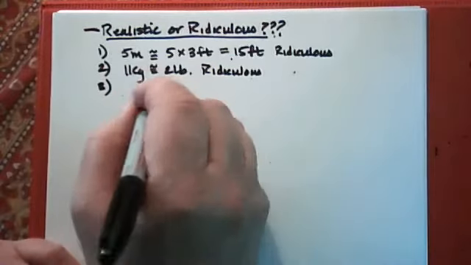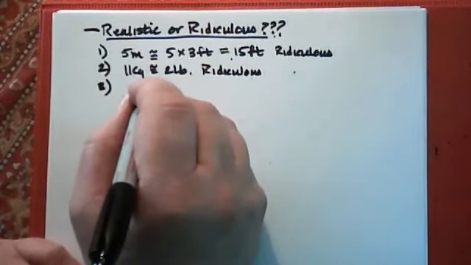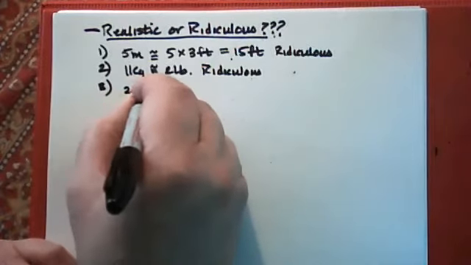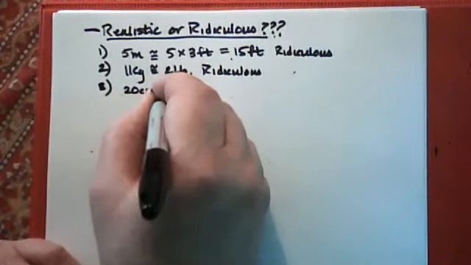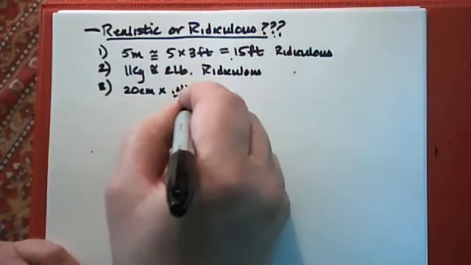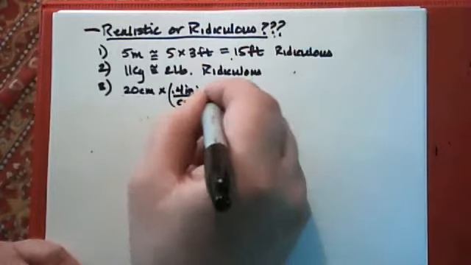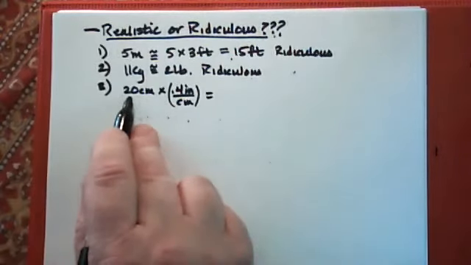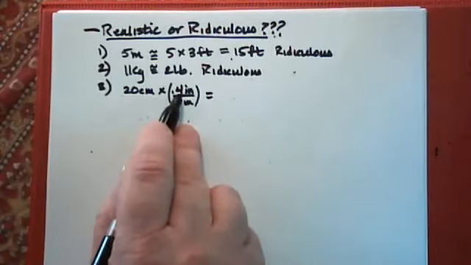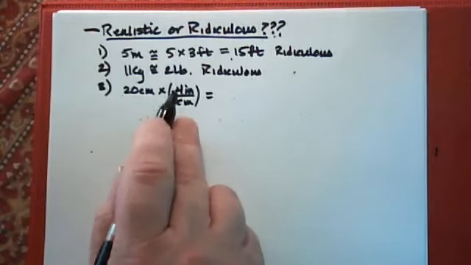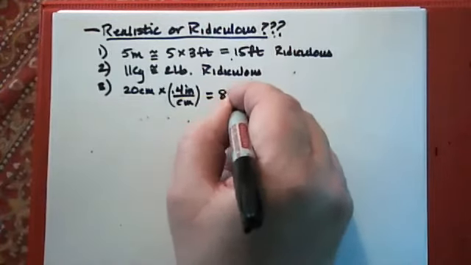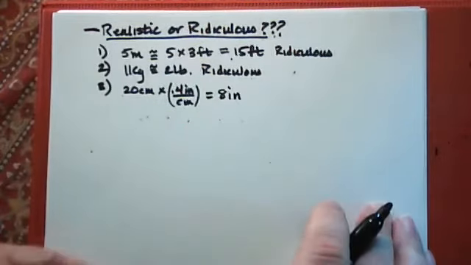For 3, a pencil, assuming it's a new pencil, is about 20 centimeters long. And if we want to say 20 centimeters in inches, well, we said each centimeter is about 0.4 of an inch. So 0.4 times 20 would be 8 inches.